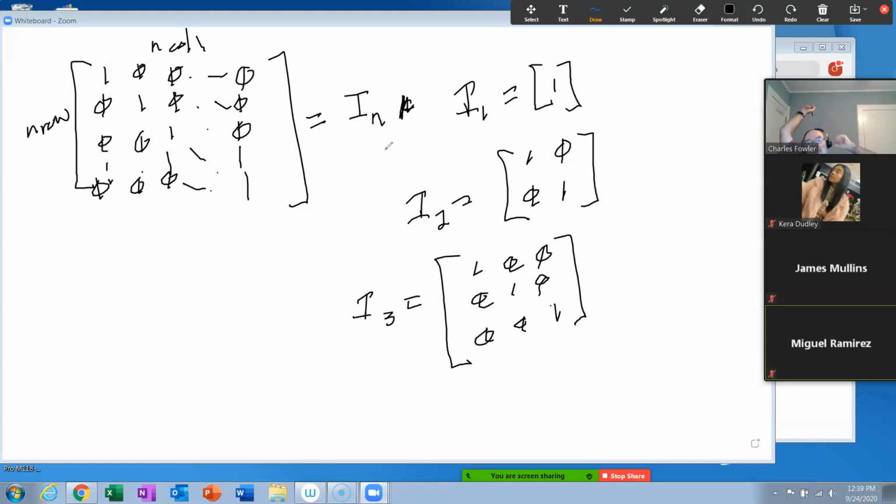And notice the main diagonal are 1s, everything else is 0. We'll find out the identity matrix acts a lot like your multiplicative identity, the number 1 in real numbers. So that leads to the properties of the identity matrix.